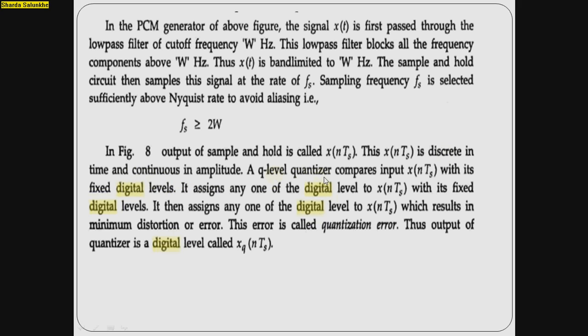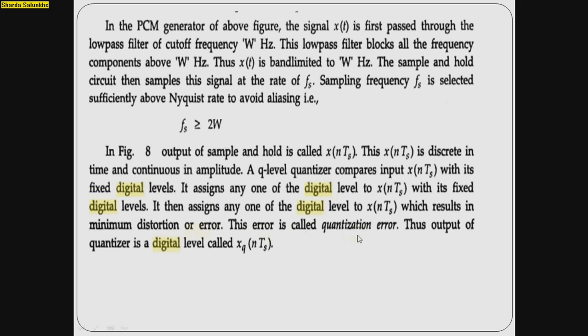The L level quantizer compares the input x(nTs) with the fixed digital values. So this signal is given to the quantizer, where you get different fixed digital values for specific amplitudes. It labels x(nTs) with its fixed digital levels and assigns the level which minimizes the distortion and error.